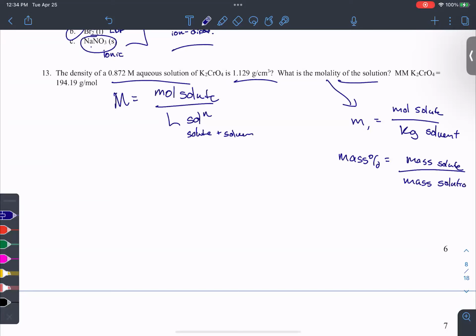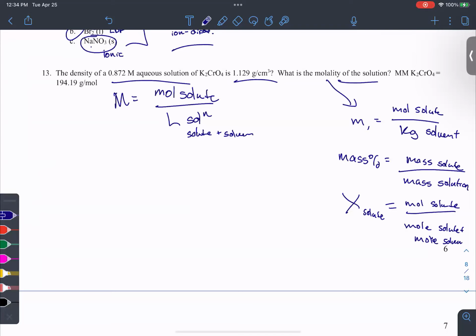And again, solution means solute and solvent. Okay, what about mole fraction? We'll say solute. Mole fraction is your moles of your solute over the total moles of your solution, so moles of your solute plus moles of your solvent.